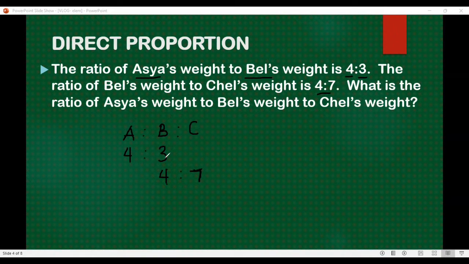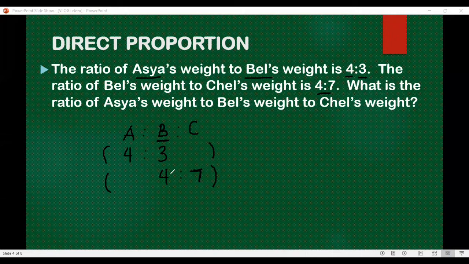So what are we going to do? We have to make Belle's ratio equal. So what are we going to do there? All we have to do is to look for a number that will actually make them equivalent. So we need to multiply both these two so that Belle's will be the same.